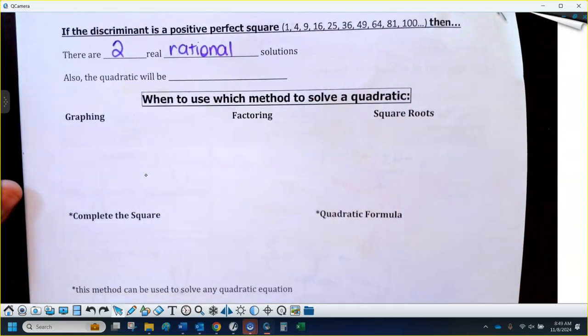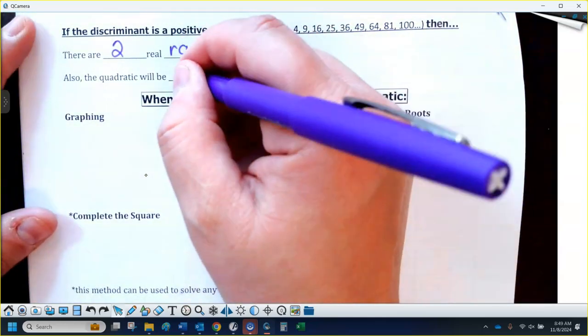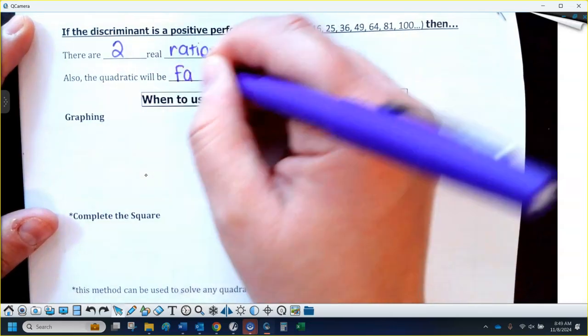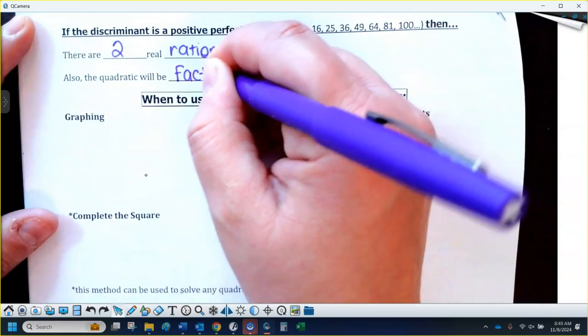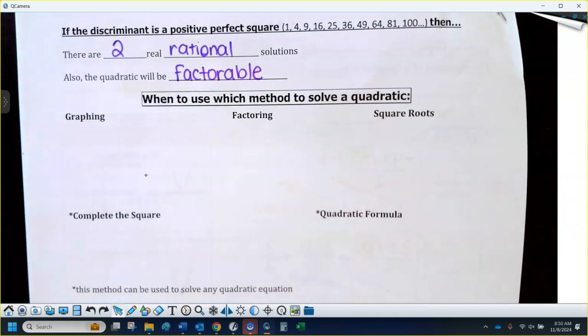What that means is if you get a perfect square under the square root and you're trying to go through the quadratic formula, the quadratic will be something that you could factor. So I'm going to write that it'll be factorable because it's not going to have a radical in the answer. So if you go through the trouble of finding the discriminant and you get something that's a perfect square, you'll know you could factor that quadratic.